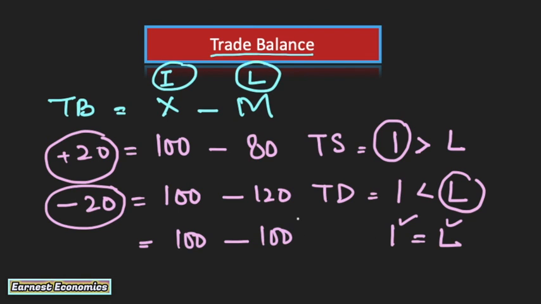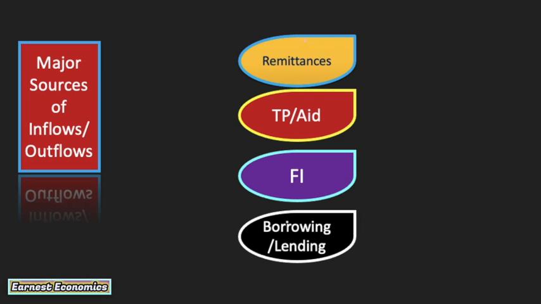So from this analysis, we understand the impact of the trade balance. If it is positive, the injections are predominant. If it is negative, the leakages are predominant. And if it is in balance, there will be no impact.